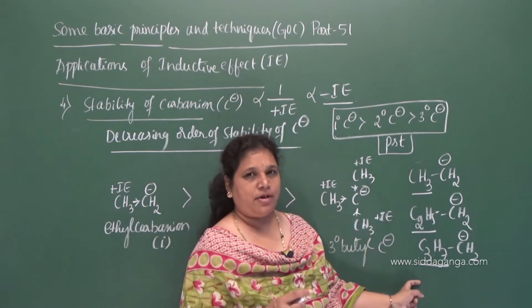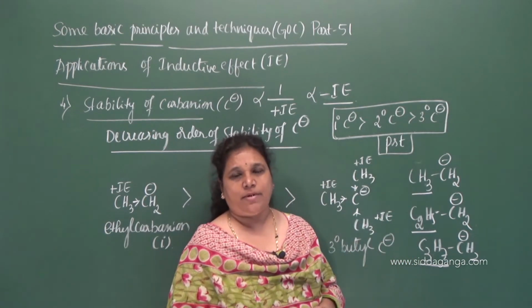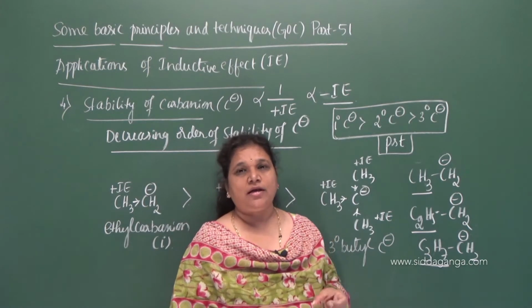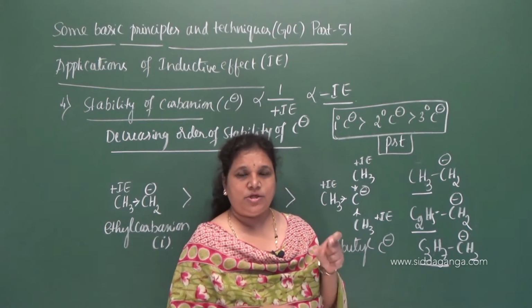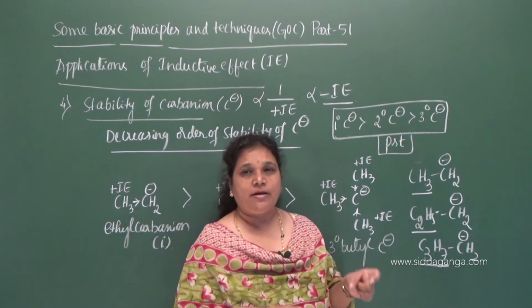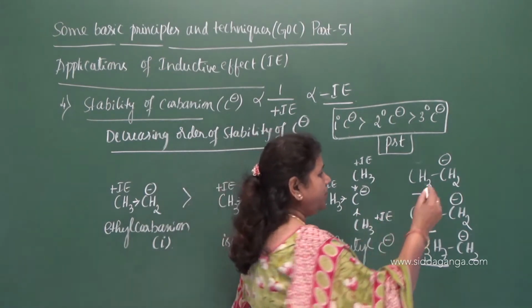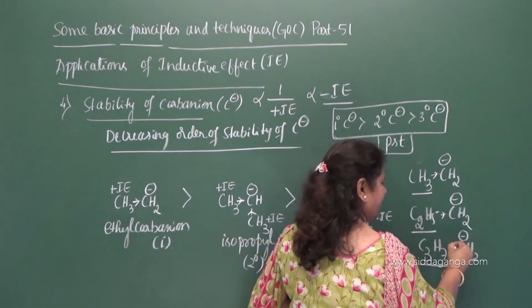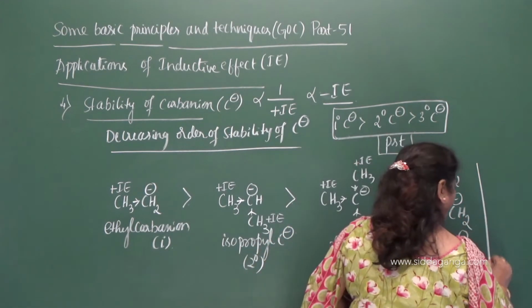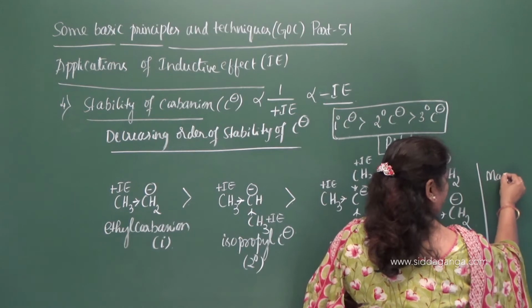All these are primary. Among the primary carbanions, as the size of the alkyl group increases, which means as the number of carbon atoms in a primary alkyl group increases, the magnitude of positive inductive effect increases.